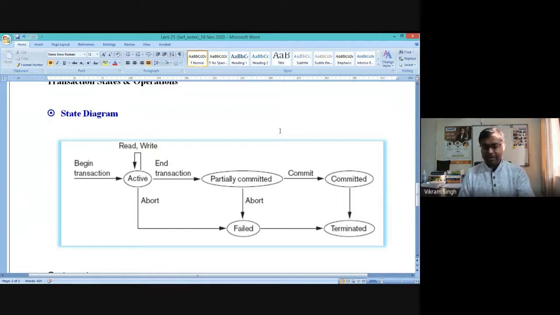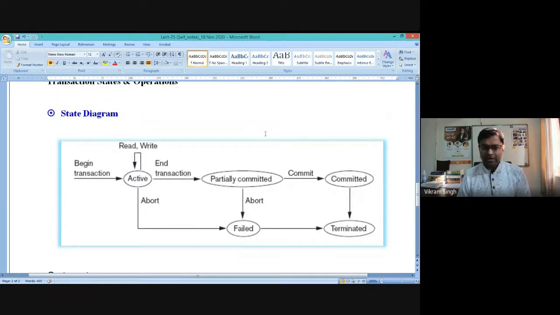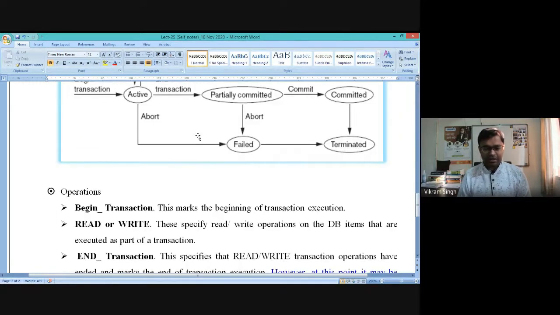In database processing, each transaction goes through these five states. And if the DBMS assumes there is something wrong with any operation, it will simply terminate or abort it, and based on that, it will perform backtracking or revert-back operations. So with this, you can see these are the possible five states of a database transaction.